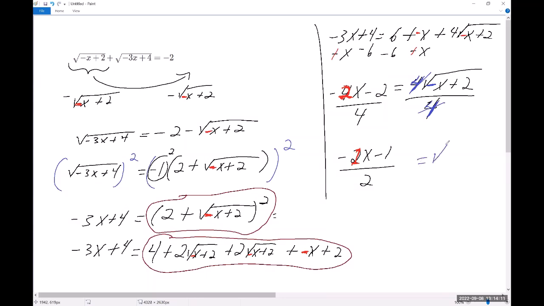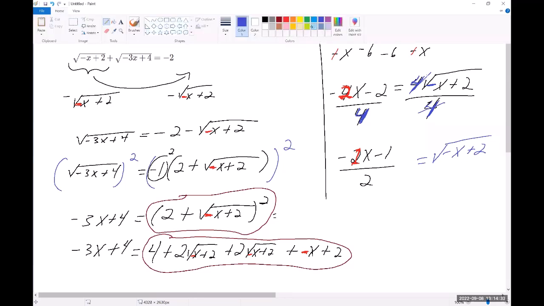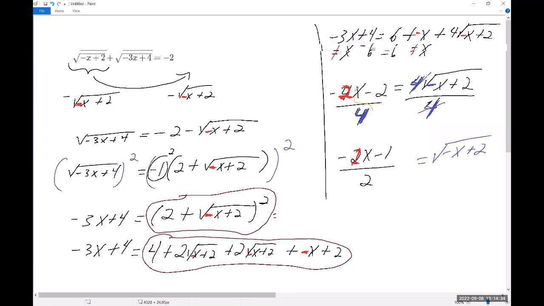And I'm going to be left with this. So dividing by 4 is still valid, but let me see. 2/4 reduces to 1/2.